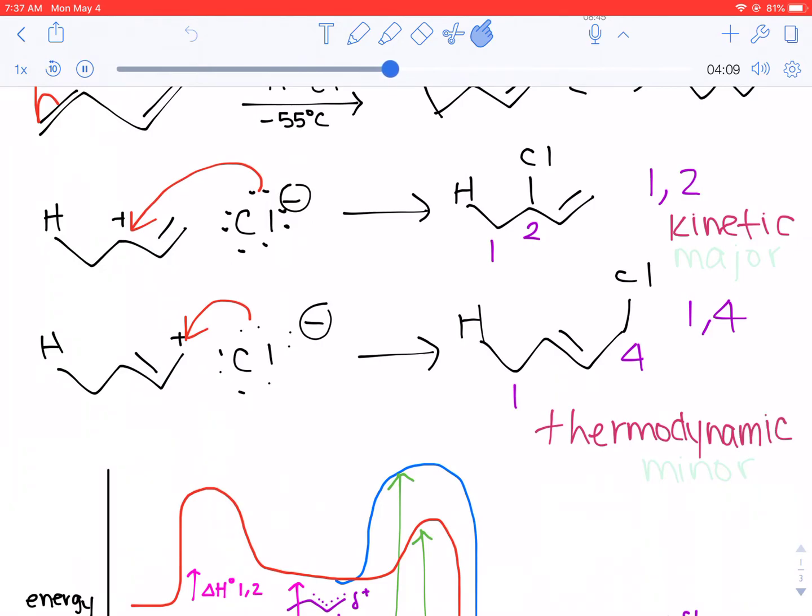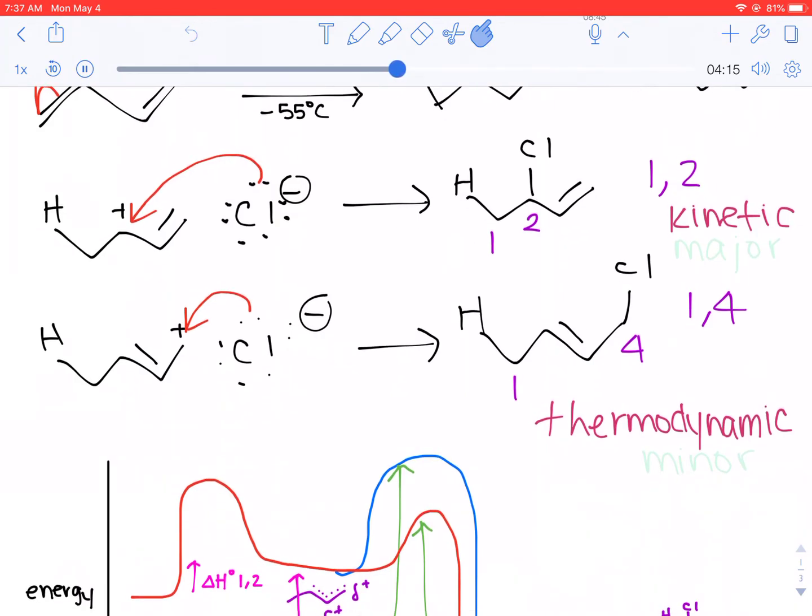Now we figure out which product is the major and which is the minor. As we said before, the kinetic product will be the major product if there are mild conditions, such as a cold temperature. In this reaction, the temperature was negative 55 degrees Celsius, meaning the kinetic product was the major product, and the thermodynamic product would be the minor product.